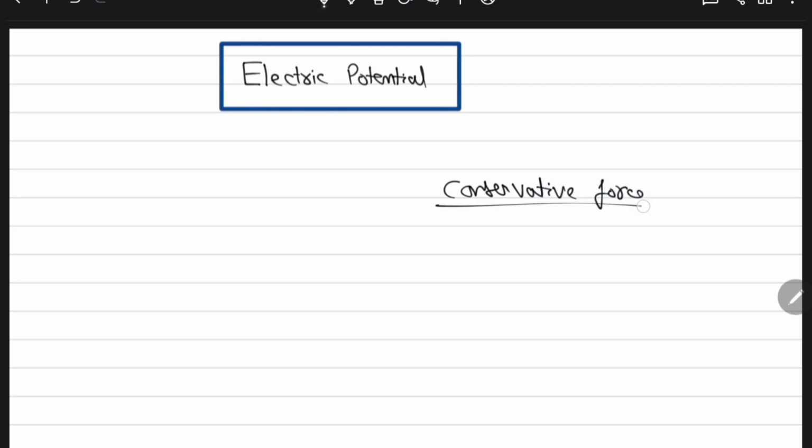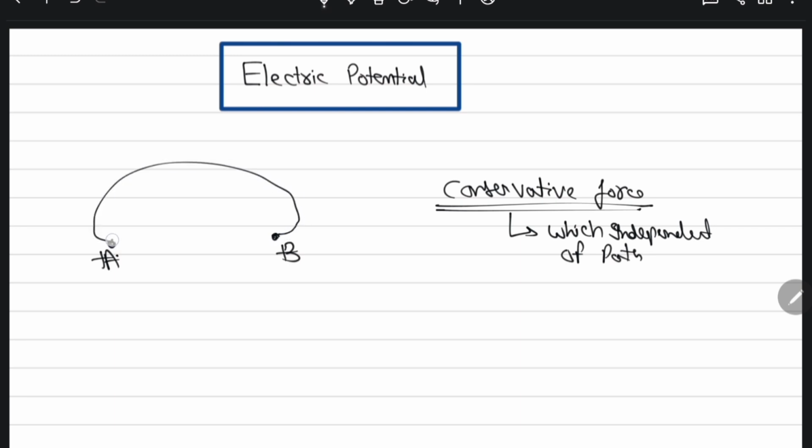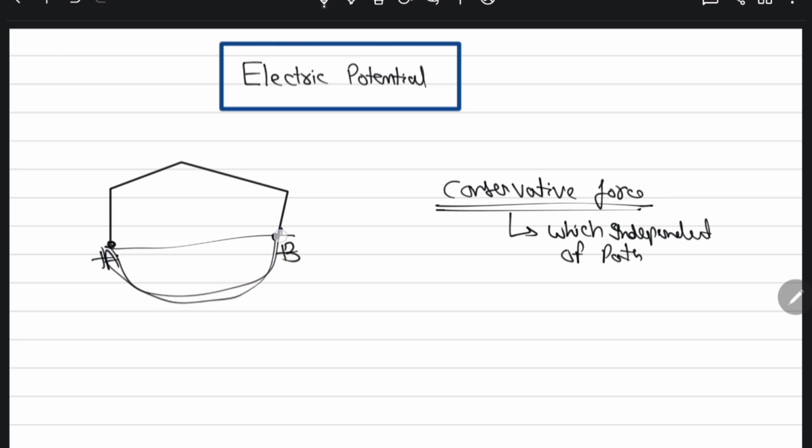Conservative forces are those forces which are independent of path, meaning they do not depend on what path you are going. They only depend on the initial and final points. Suppose this is point A and this is point B. I want to move the charge from here to here, by any path. It doesn't depend on the path, only on the initial and final points.